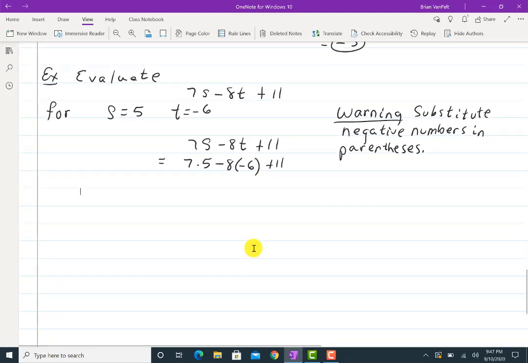So now let me go ahead and do the steps. The only operations that I have are multiplications, subtraction, and addition. So I'll do the multiplications first. 7 times 5 is equal to 35. 8 times negative 6 is equal to negative 48.